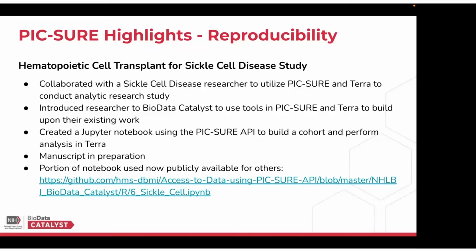You can log in with your eRA Commons, and in PIC-SURE you can access open access data if you don't have any controlled access, but you still need to log in with your eRA Commons ID. Correct, absolutely correct. It is the NIH eRA Commons that you will need to log into the ecosystem as a whole. And if you don't have approved access from dbGaP to access patient level data from a specific study, you can use open access to get aggregate counts and click around and explore these studies. Yep, thanks, Tony. Did that answer the question, I believe?